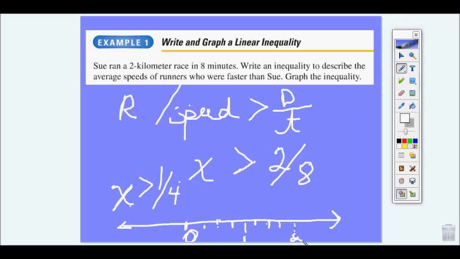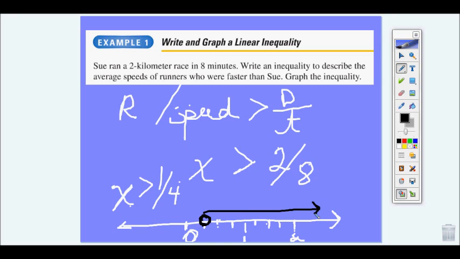It is greater than, so let me use a different color so we can see this better. I'm going to go to 1/4 and make an open point. Since my variable is first, it's pointing to the right. I want anything greater than 1/4, so I'm going to shade to the right.